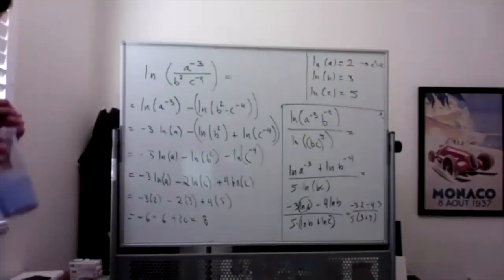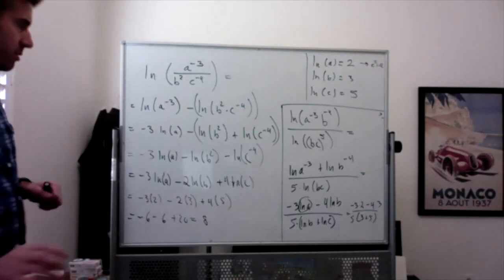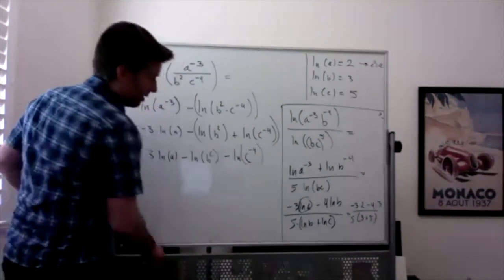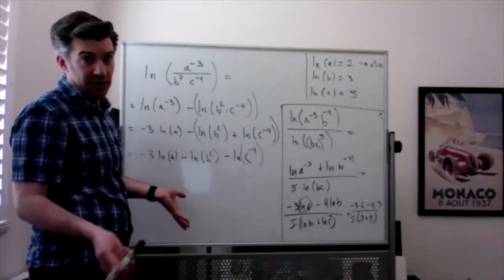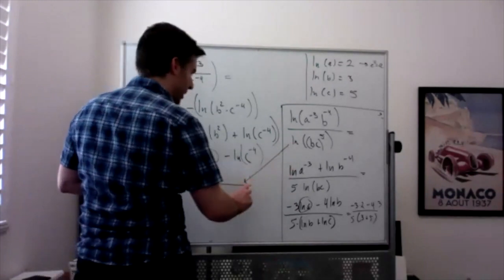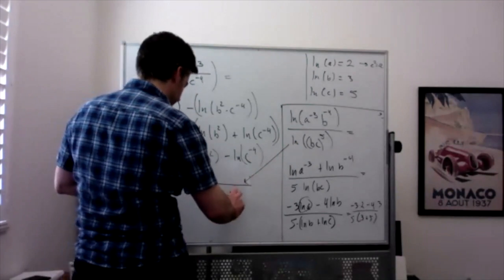If you were to distribute the 5 power to the b and c first, how would it change the bottom? In the end, it doesn't change it at all, right? It's still going to be the same. But here's how it would look. The bottom would look like the natural log of b to the 5th times c to the 5th.